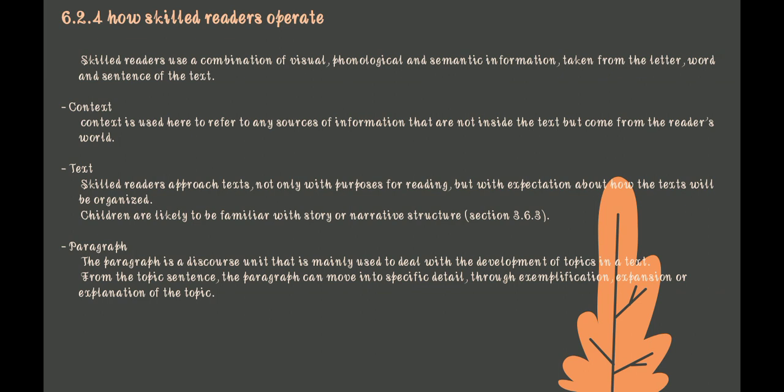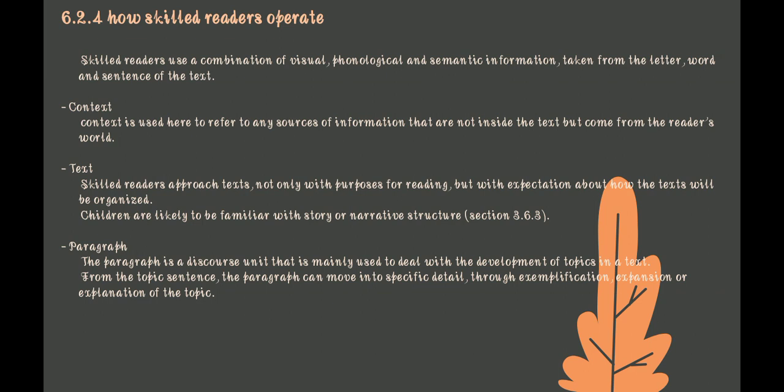Context is used here to refer to any sources of information that are not inside the text but come from the reader's world. For example, you might pick up a newspaper to get an idea of what is going on in the world, or you might buy a book on gardening in order to decide what to grow and where to plant it.